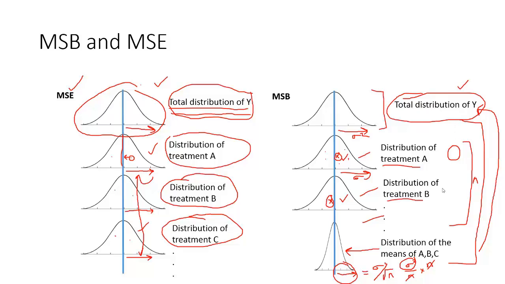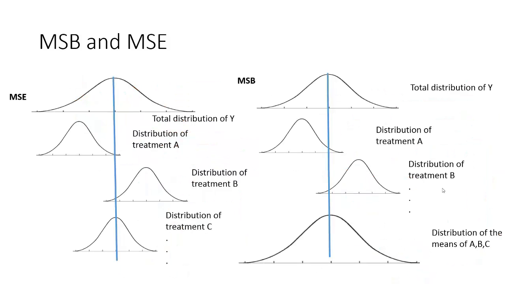But what happens when the null hypothesis is not true? Take this case where the null hypothesis is not true. Now, if you take the total distribution of Y, because the null hypothesis is not true, and you get some data points from distribution A, some from distribution B, some from distribution C, it's going to fall over a much larger region, right?